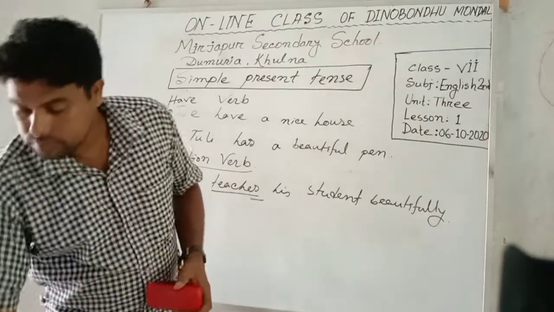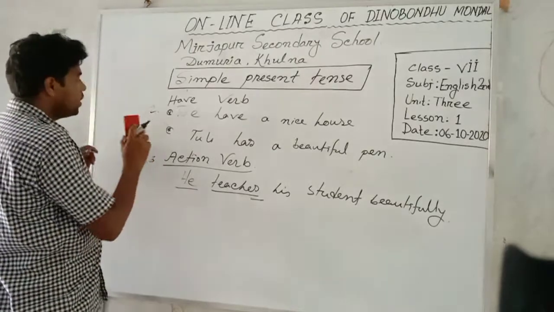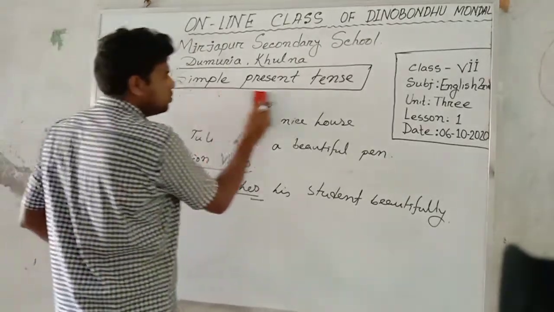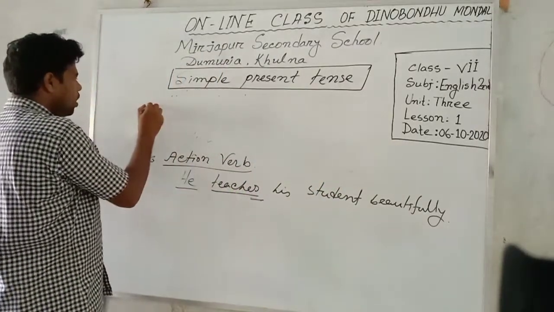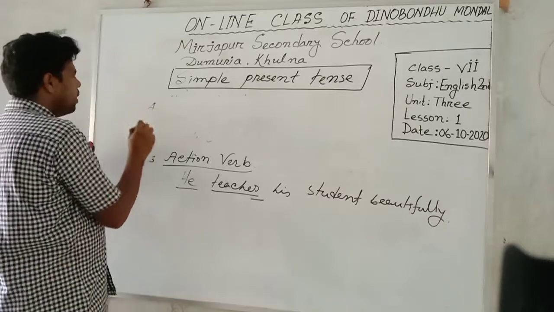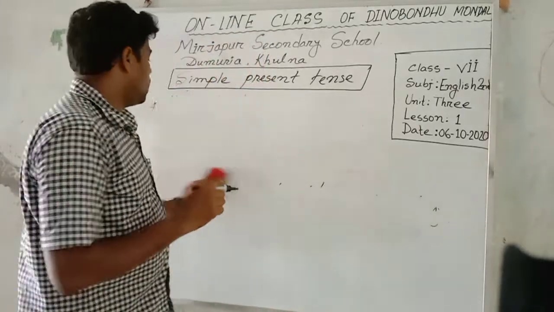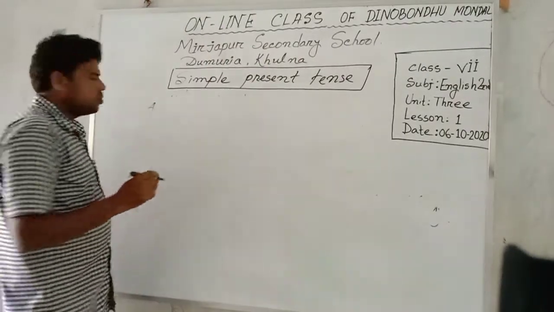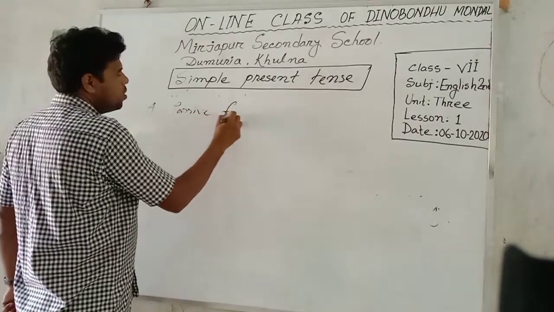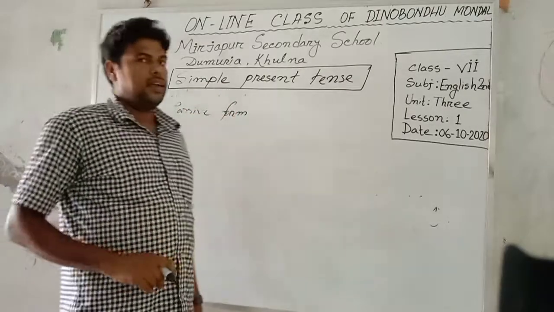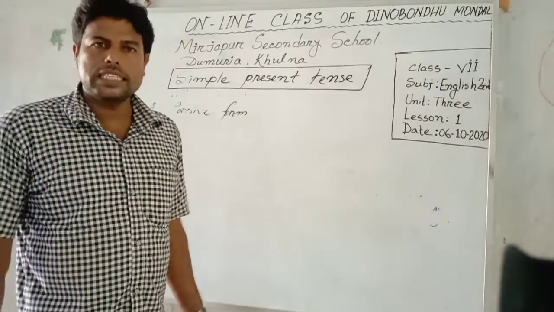Now, number 4, passive verb. The other name of the past participle form is called passive verb.